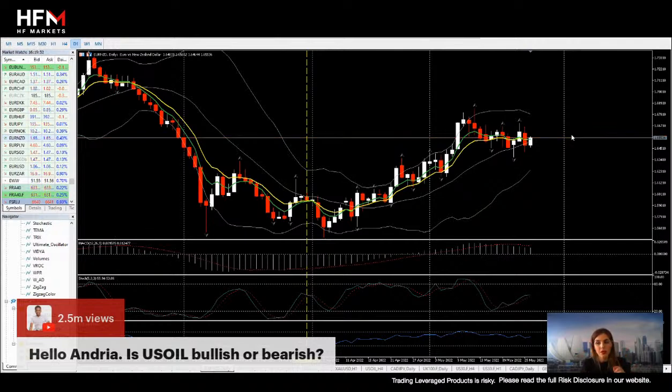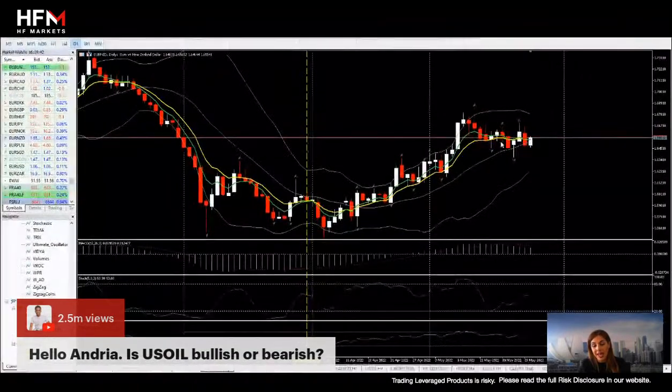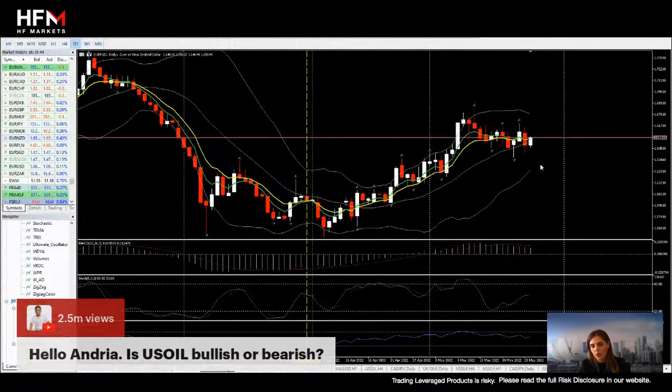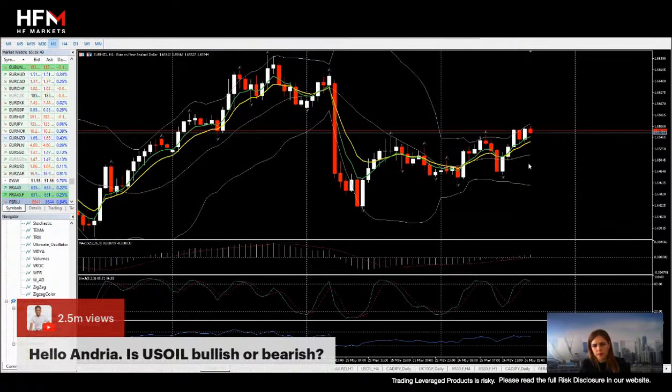This is something that could negatively affect Euro New Zealand in the long term. For the time being, it's neutral, sideways, stuck around the 10 and 20 day moving averages, but supported. Let's see the 1 hour chart.